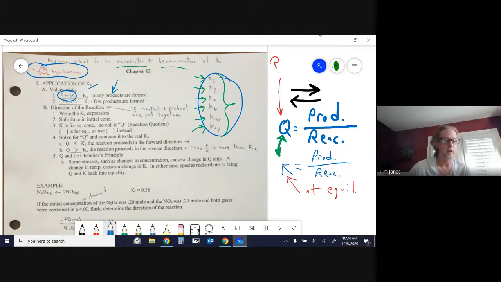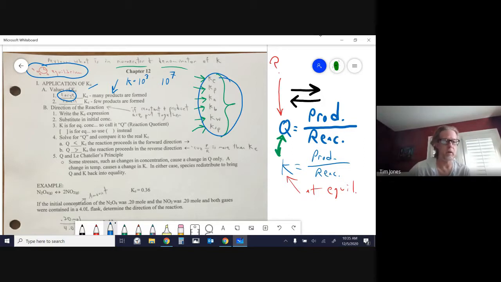And large could mean that the K value is 10 to the third, or it could be something massive like 10 to the 7. Those are examples of large K values.